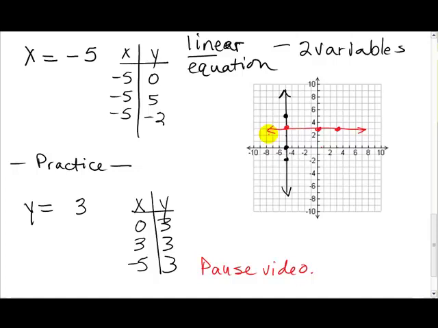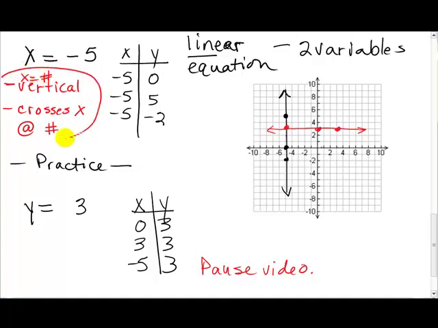Okay, so what do you notice about these lines? The x equals -5 is vertical. It crosses x at the number. So when it says x equals a number, this is what we're looking at, a vertical line. If it says y equals, then here's our y.